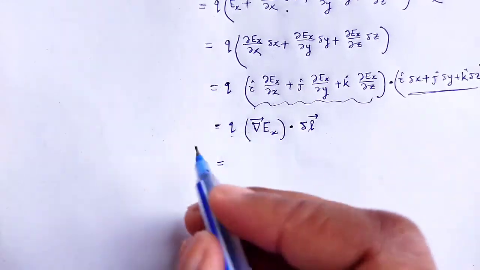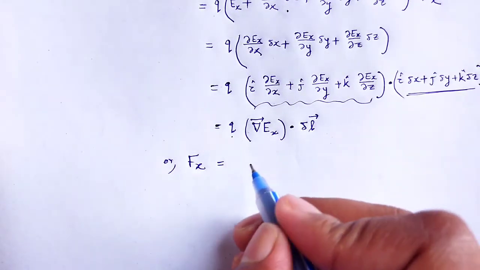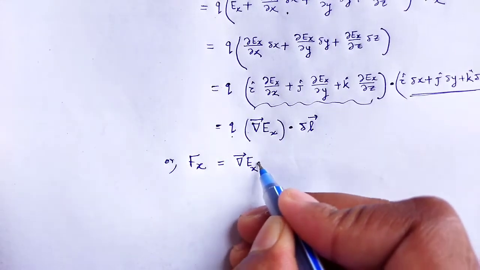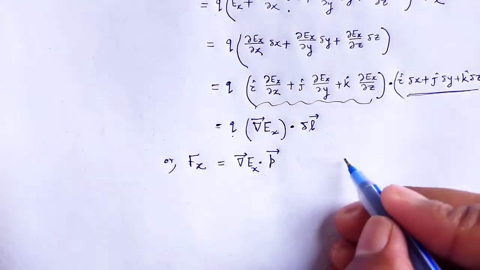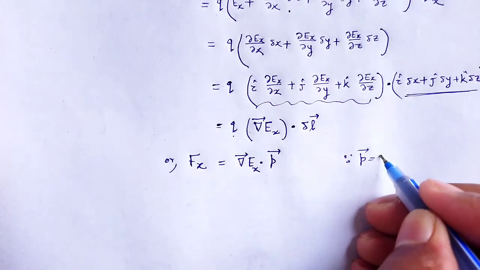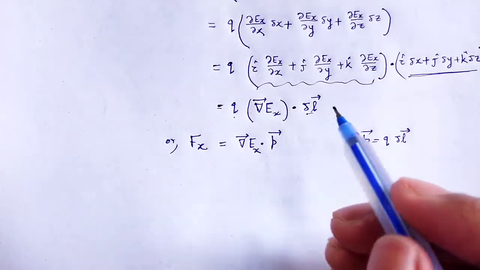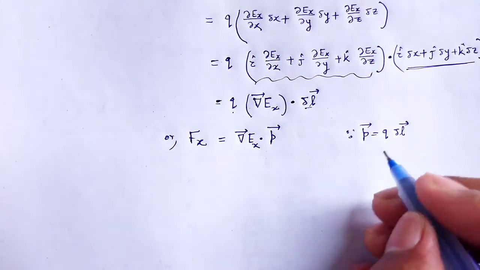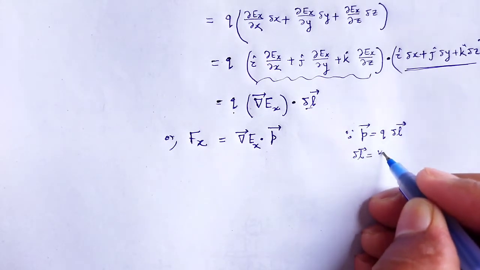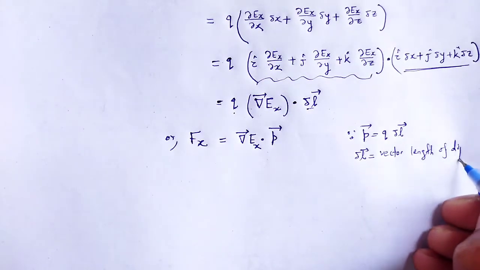So the total force along the x direction, Fx, is equal to grad Ex dot P. Why? As we write, P is equal to q into delta L, and delta L is known as the vector length of the dipole.